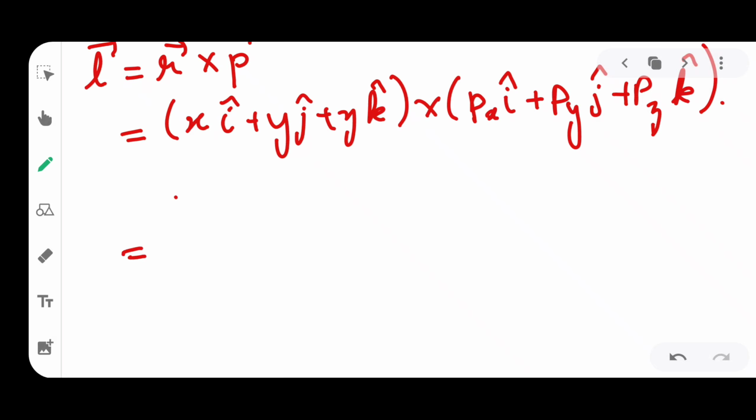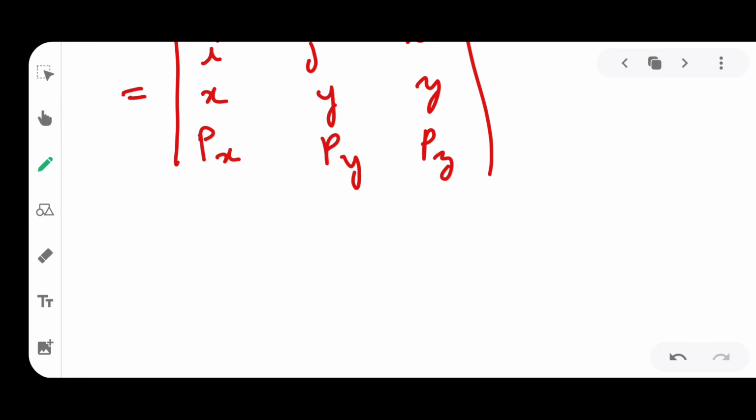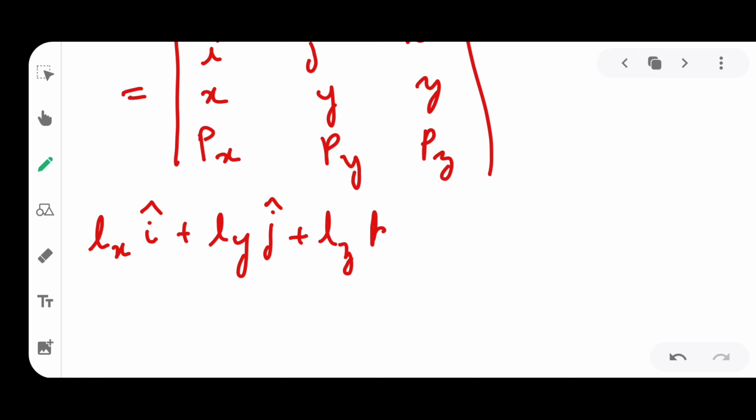We have to take the determinant: we mark i j k, and then the components of r, that is x, y, and z, and the components of p, px, py, and pz. Clear? Then you have to find the value of the determinant. You know very well from your mathematics. If you don't know how to find the value of a determinant, you can learn.